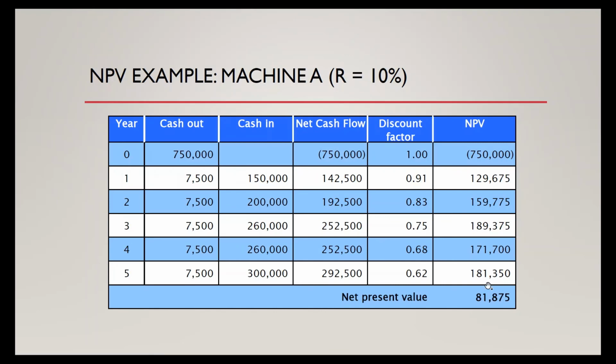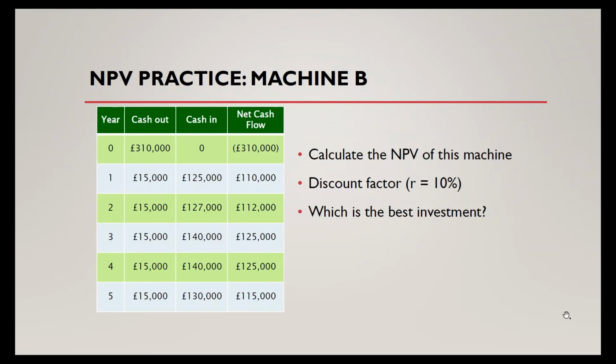In total, this will give us a positive net present value of 81.875 thousand.